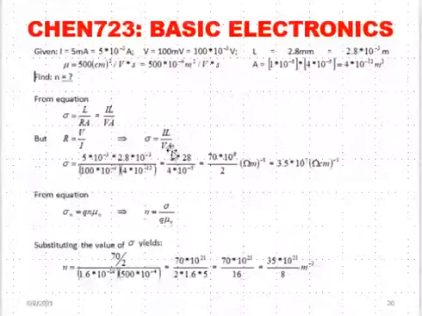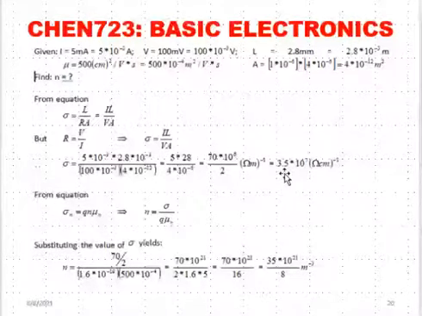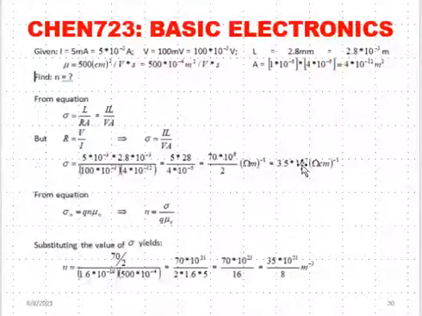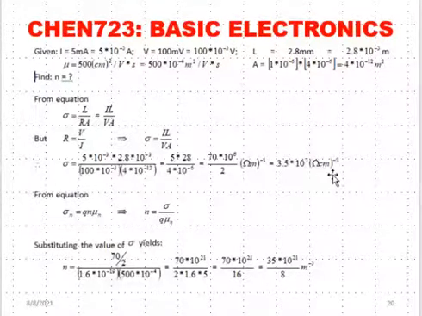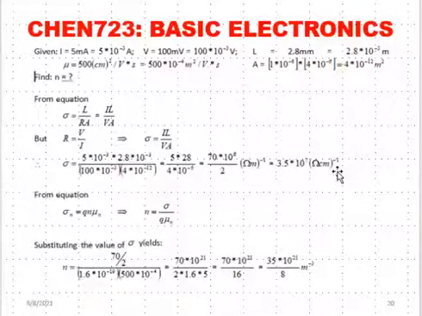I'm given my current, see it here, my length, see it here, and the voltage is given as 100, and the area is what I have just calculated here. If you simplify everything, you end up with 3.5 times 10 raised to power 7 per ohm meter.